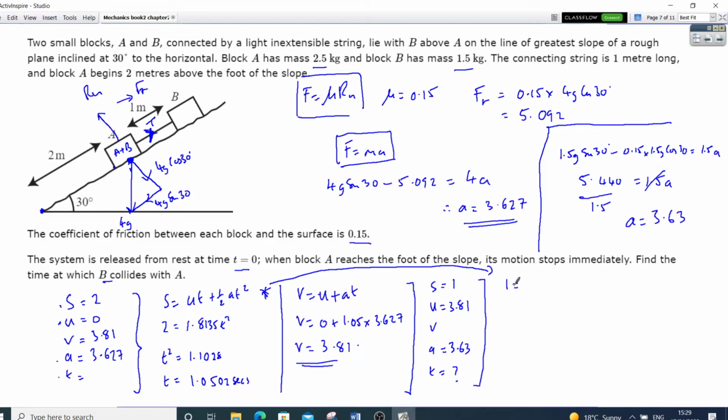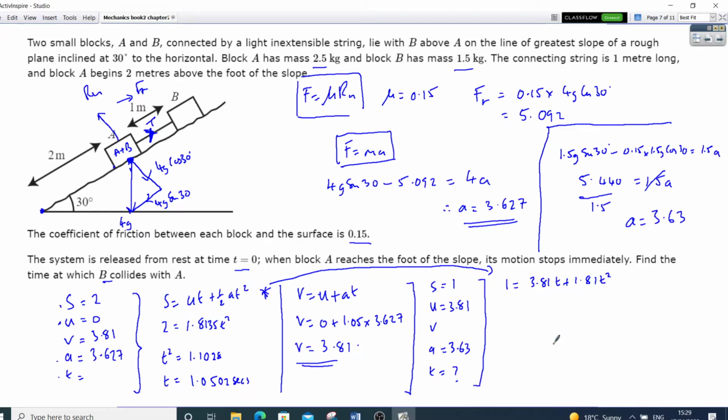So 1 equals the initial speed 3.81 times t, then it's a half times the acceleration, times 0.5, plus 1.81 t squared.